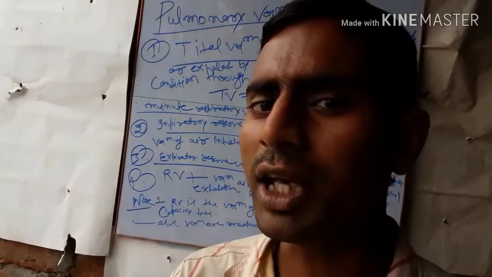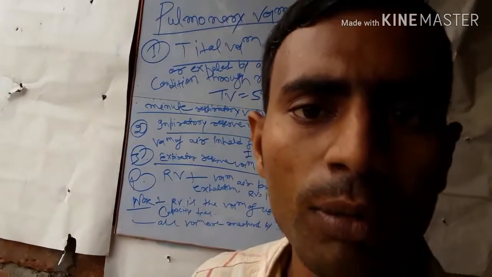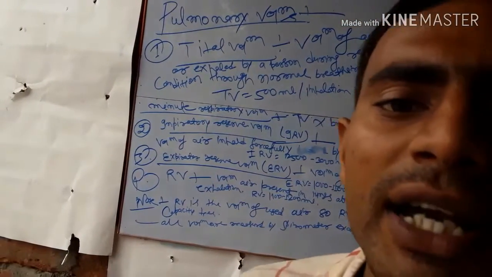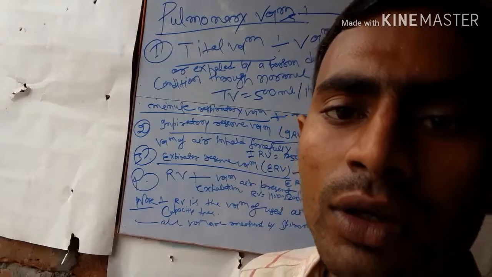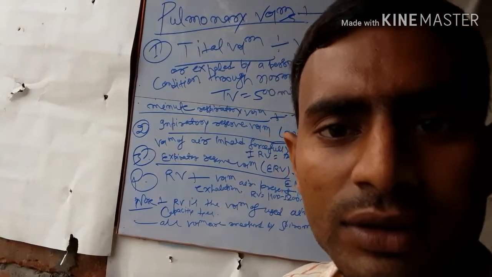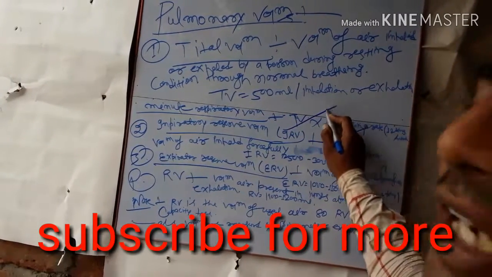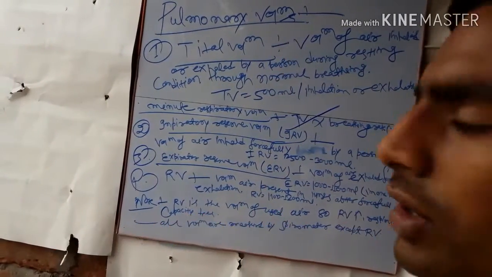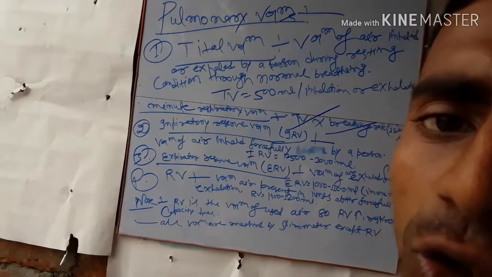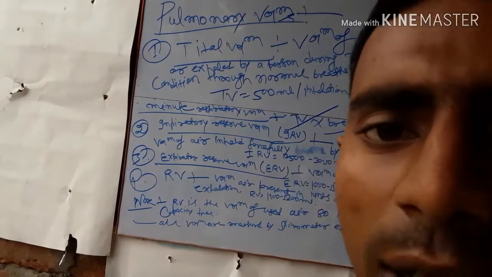This means if we want to get the minute respiratory volume, then multiply 500 milliliter by 12. Tidal volume is 500 milliliter and breathing rate is 12 times per minute.